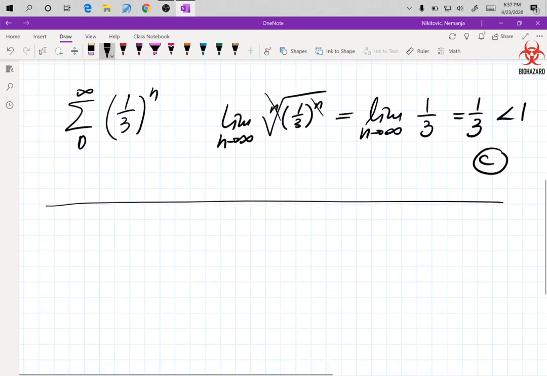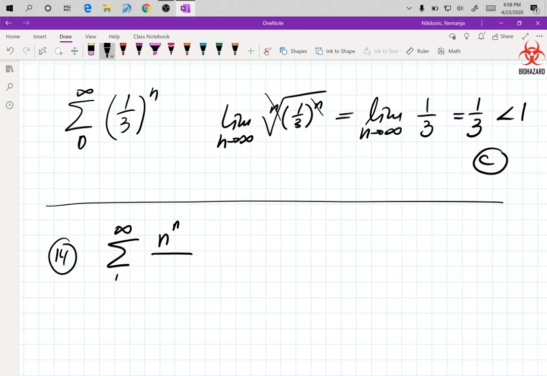Let's try something else. I'm just looking at the book now. Problem 14 looks spicy: the sum from 1 to infinity of n^n divided by 2^n. They have k's, I just moved them to n's.